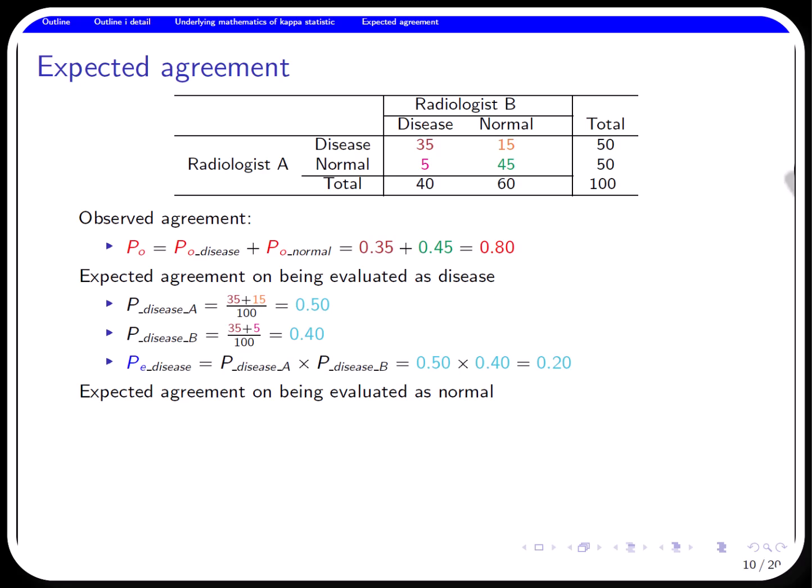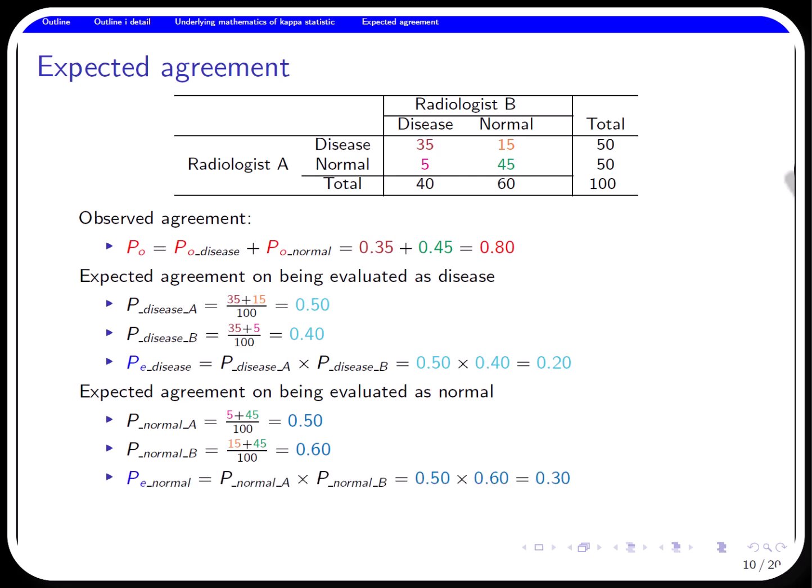Expected agreement on being evaluated as normal. Probability of being evaluated as normal by radiologist A equals 5 plus 45 divided by 100 equals 0.5. Probability of being evaluated as normal by radiologist B equals 15 plus 45 divided by 100 equals 0.6.